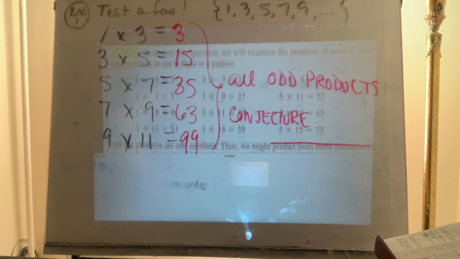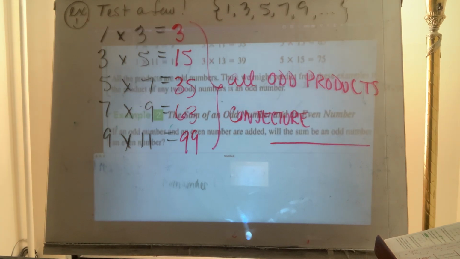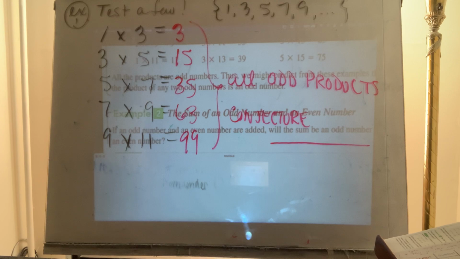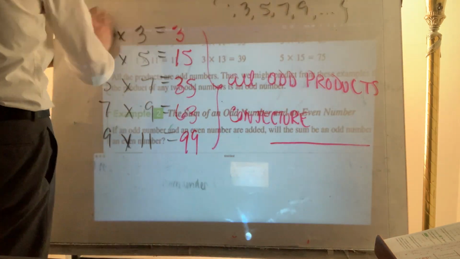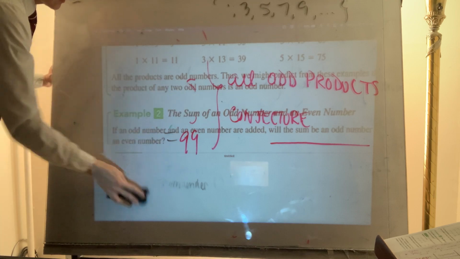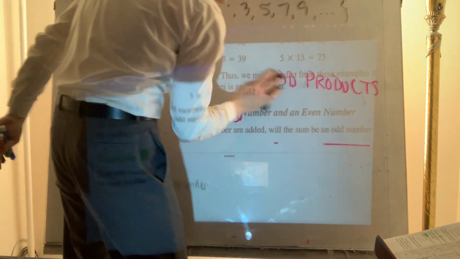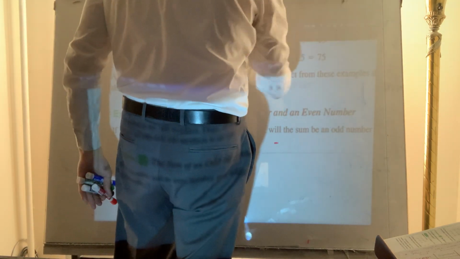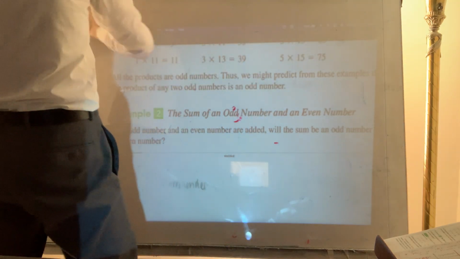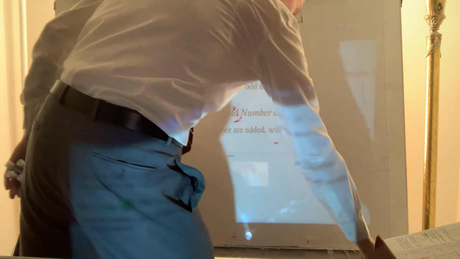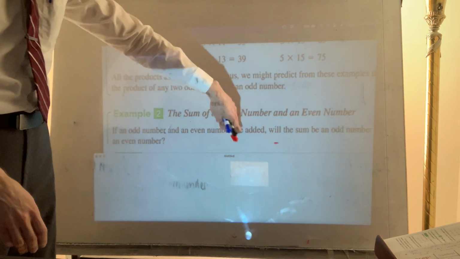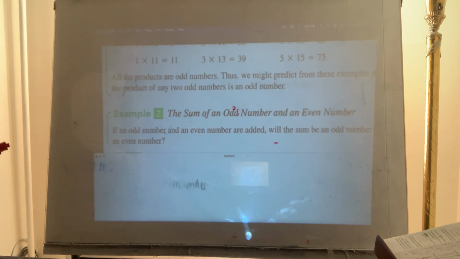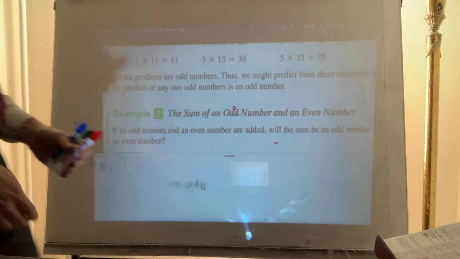Let's take a look at example 2 here. If an odd number and an even number are added, will the sum always be an odd number or an even number?